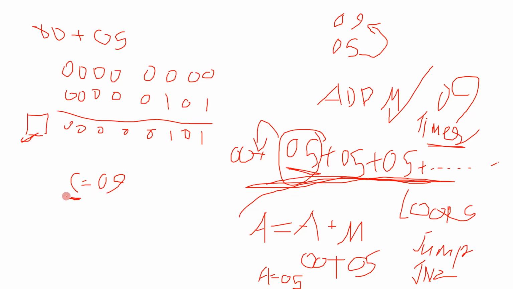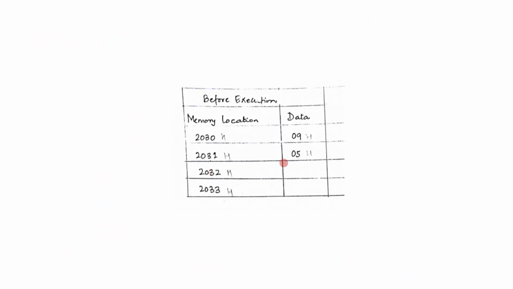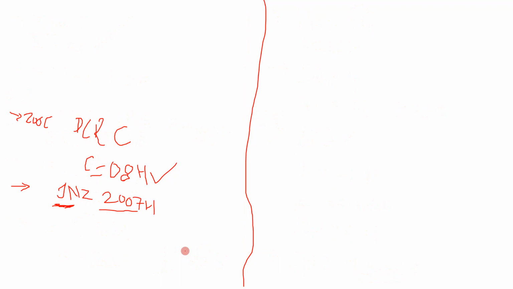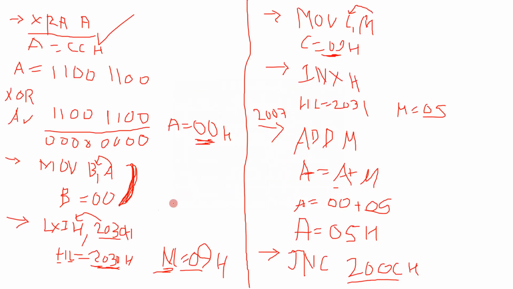Here the C register is holding 09 so that the loop can run 9 times. That's why we have used LXI H, 2030. At location 2030 there is 09. So HL will point to location 2030 and M will be 09.